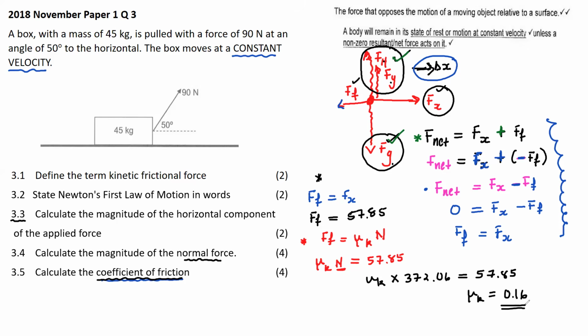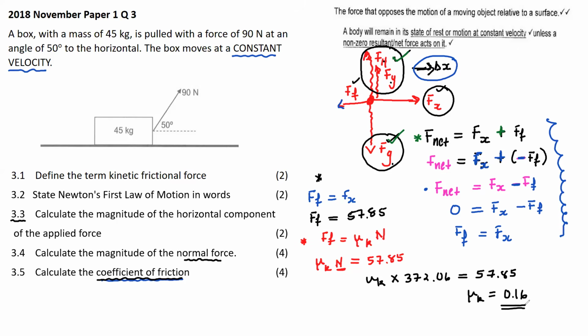Remember, it doesn't have units. It is a ratio of forces. That's how you get 3.5. So you needed to understand that in this case I have an Ff equal to an Fx because the net force is 0.